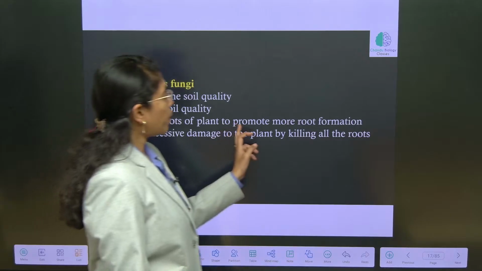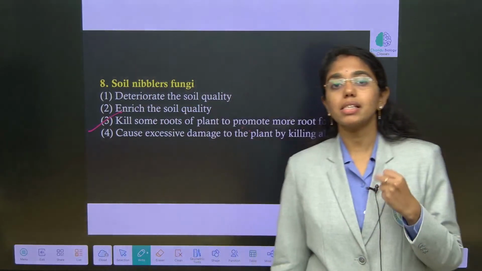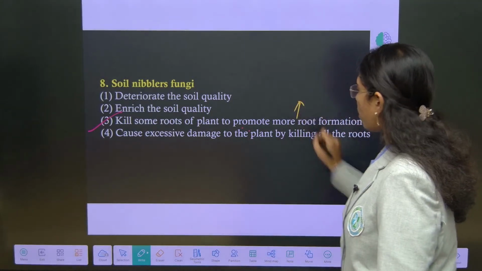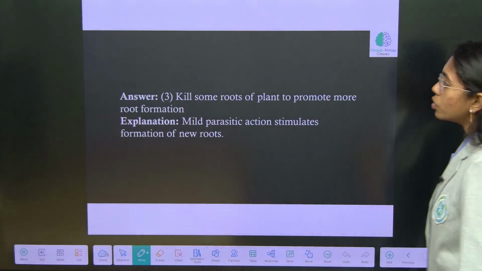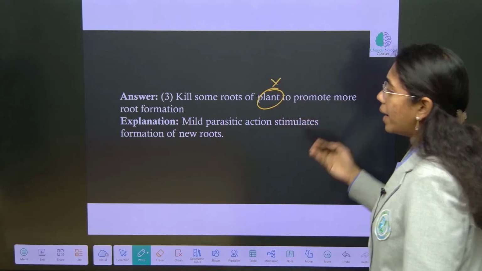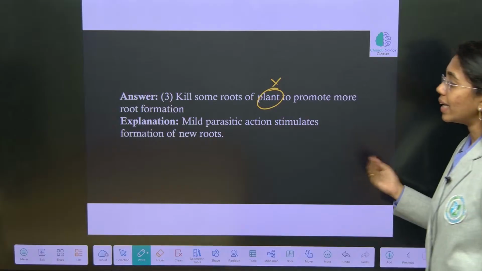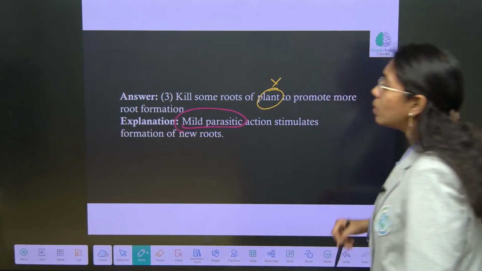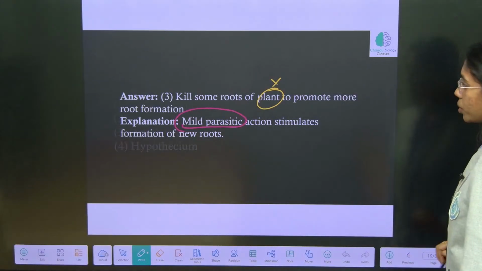The parasitic action will increase the surface area; after parasitic infection, an increase in root formation is observed. They will kill some main roots of the plant, and parasitic infection will increase the root formation. Mild parasitic action will stimulate the formation of new roots.